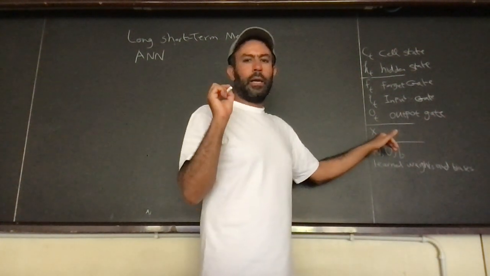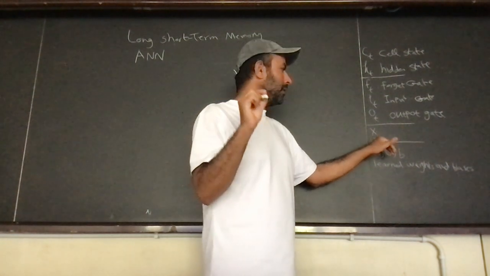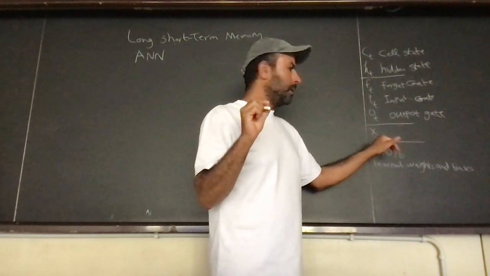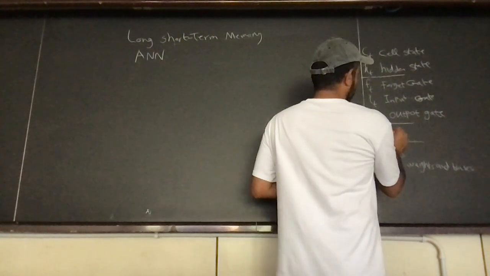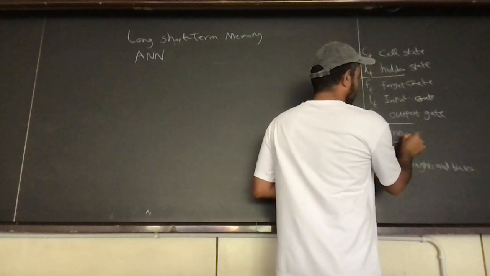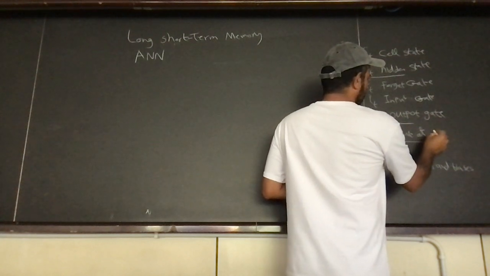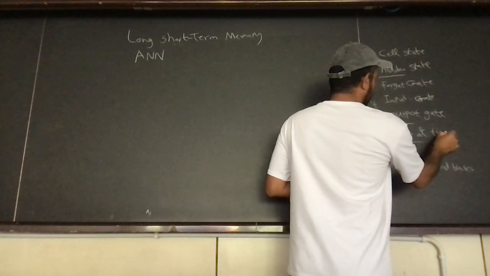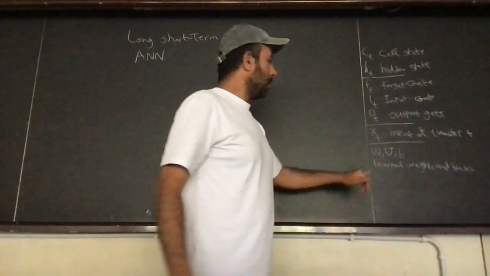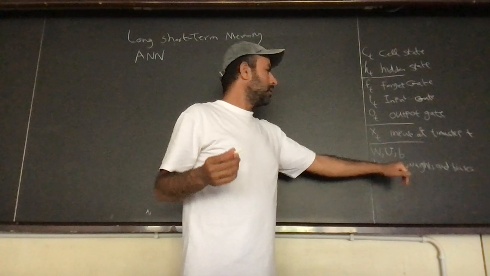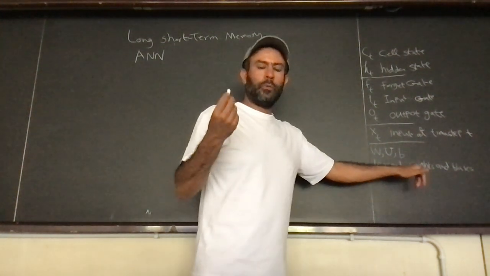X t is the input at the time step number t, the current time step. W is the learned matrices of weights.